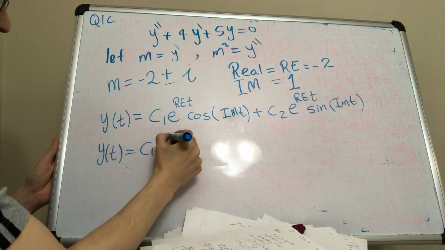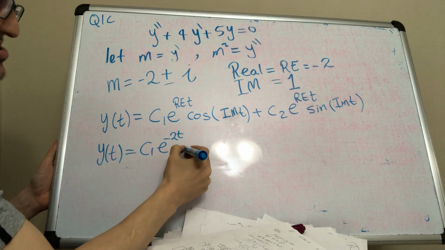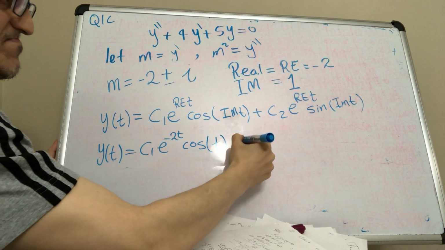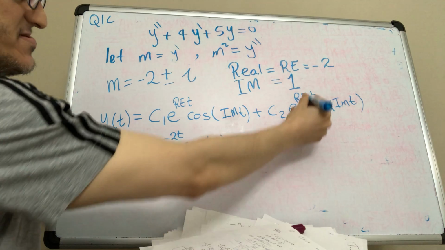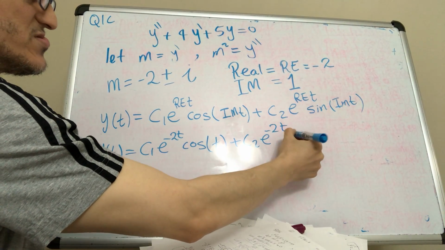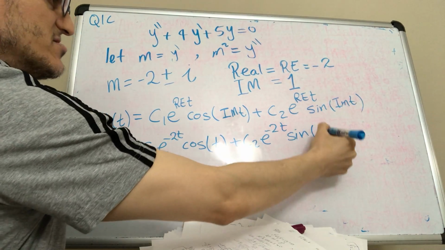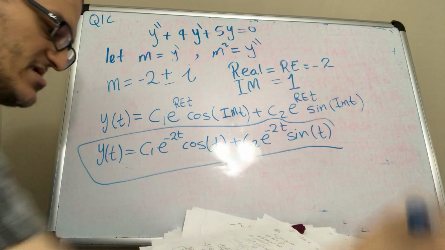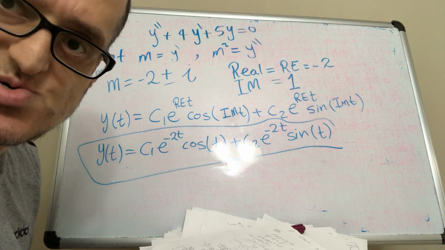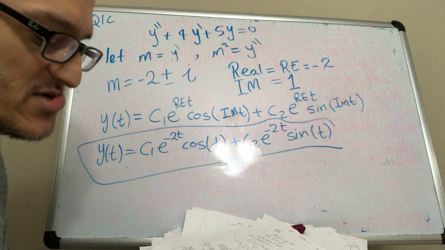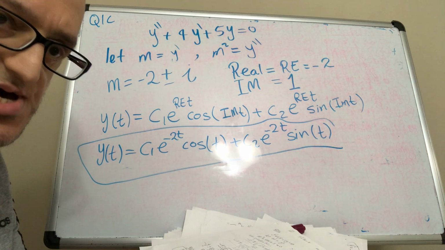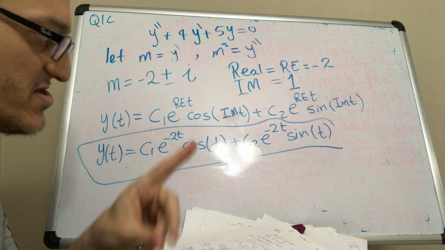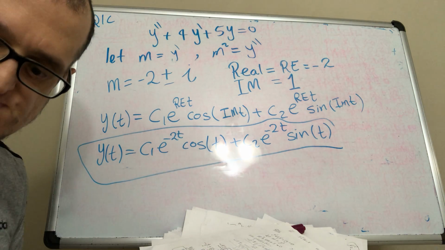The real part is negative 2, so you have e to the negative 2t, cosine 1t, so cosine t. Here, same thing, e to the minus 2t, sine imaginary 1t. This here is the general solution to question 1c. So now you covered the 3 homogeneous types: 2 different real numbers, 1 real number repeated, and the imaginary answer.